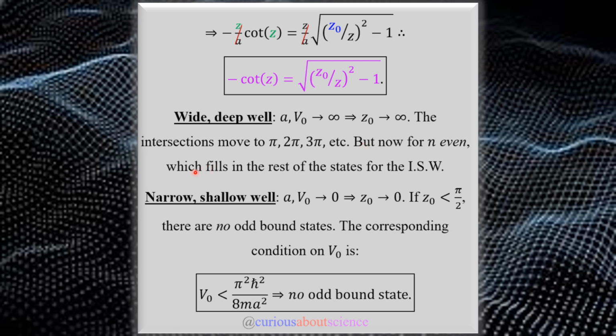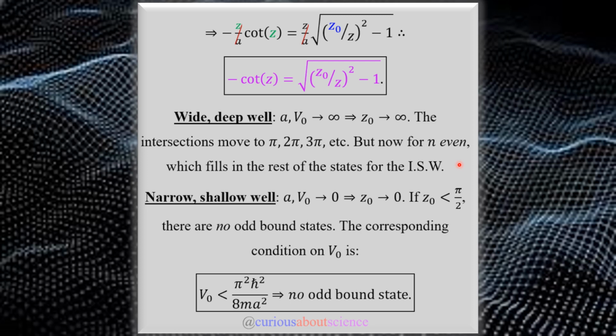So if we pair that with the odd values for n that we got on the even solutions, we now have the full set of solutions for the infinite square well, the ISW. And that makes sense. If I get infinitely deep, that's the same thing as having the potential at infinity at the boundaries. That's really cool. So that one kind of makes sense.